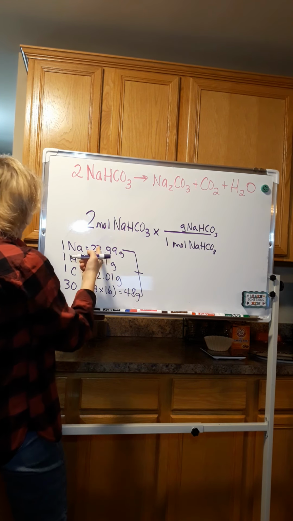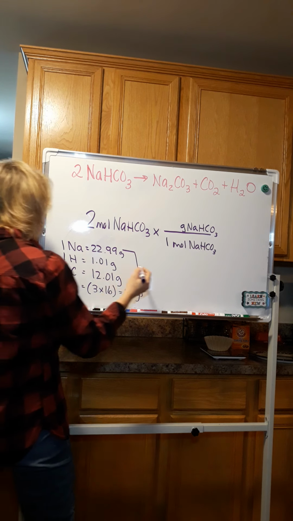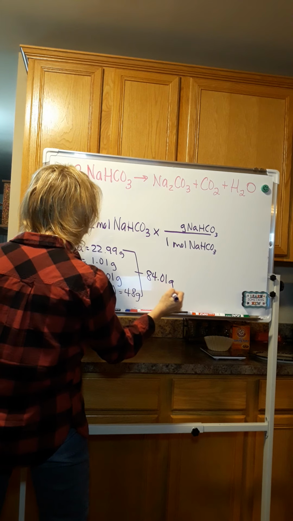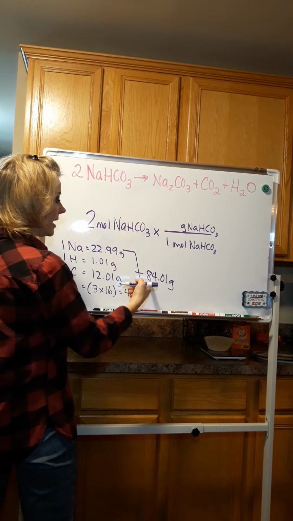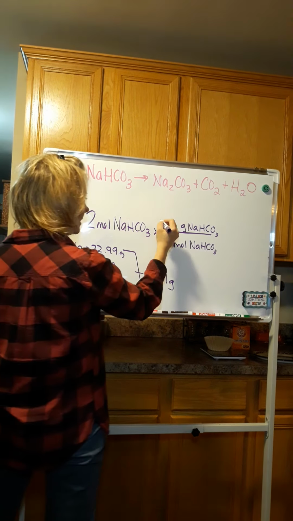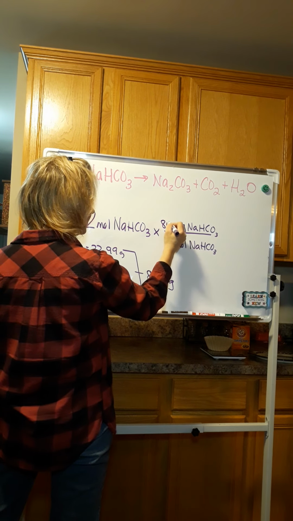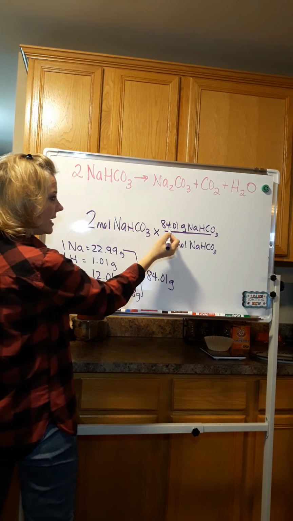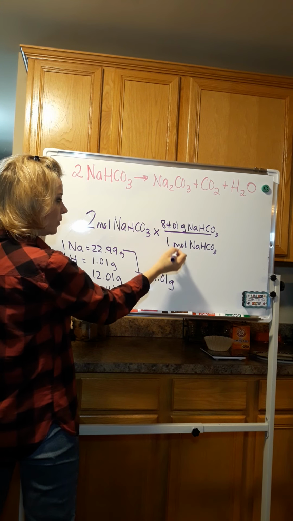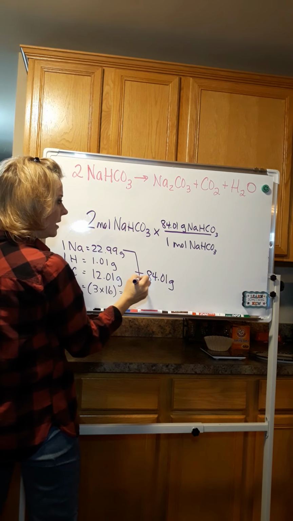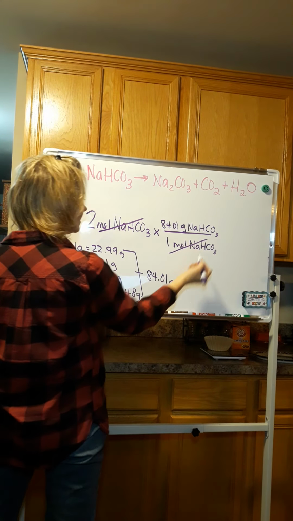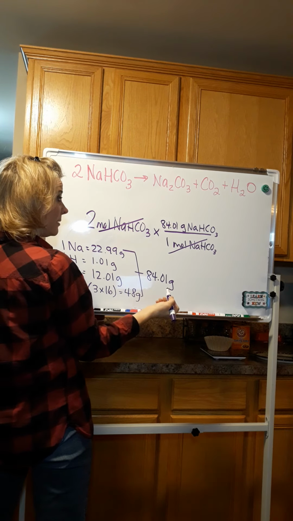And when I add this all together, I get 84.01 grams. Great, I'm going to take this and put it up on top of my proportion. And remember that this means that 84.01 grams equals 1 mole. And now I get to cross out my units, moles of sodium bicarbonate, because that's not what I'm looking for.